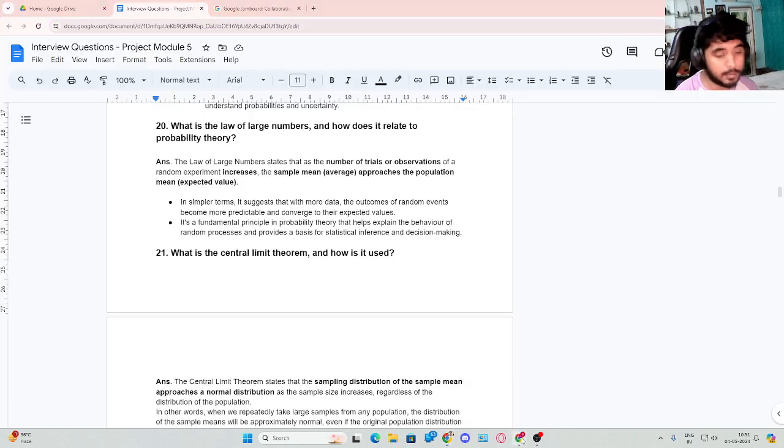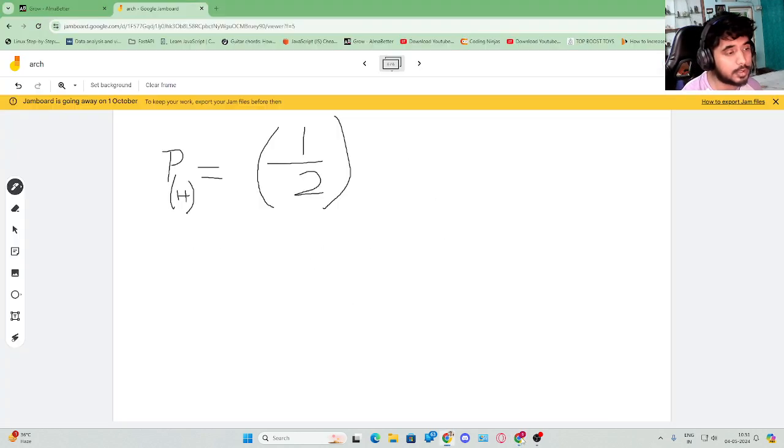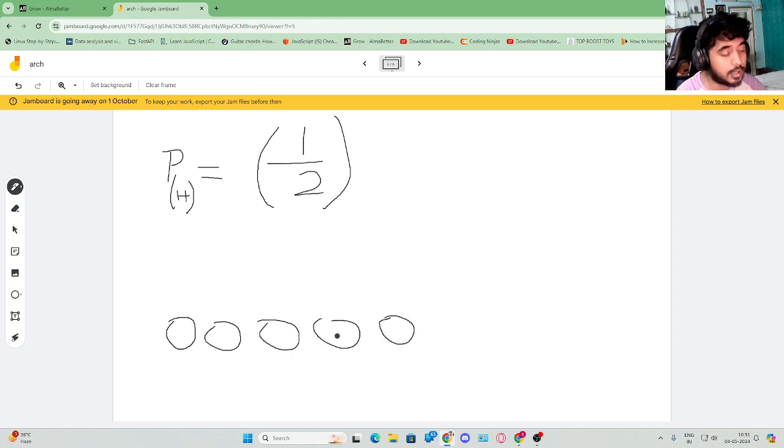So what this law of large numbers states is that, let's say we are doing a large number of trials in which we are throwing coins one by one. Even if we take, say, 5 coins and keep throwing them, the expected value, which is 5 into 1 by 2, which is 2.5, will be in the middle.